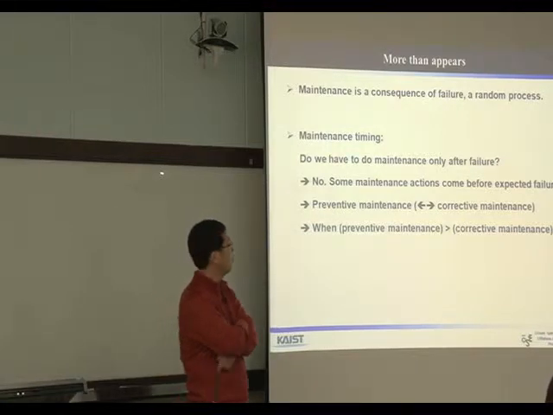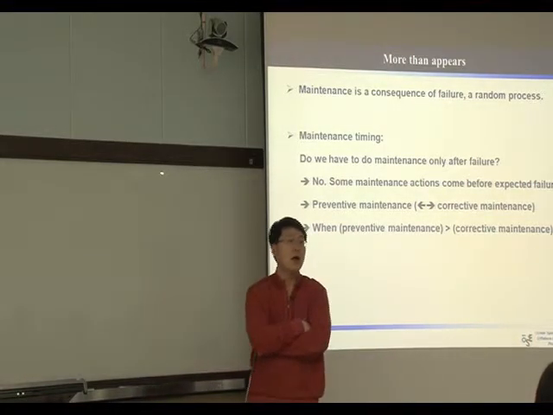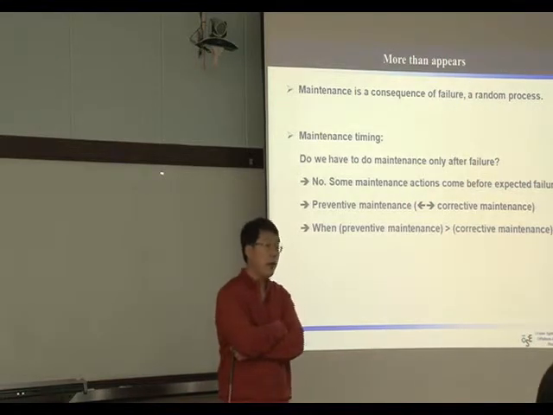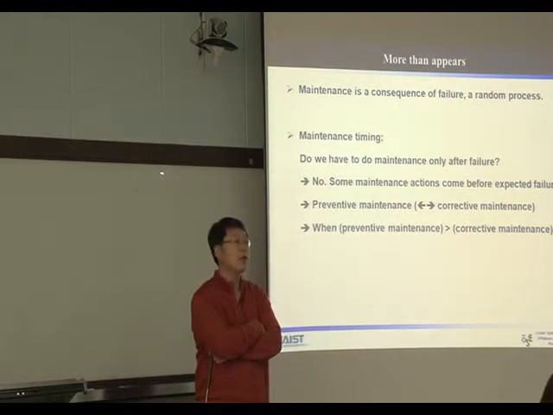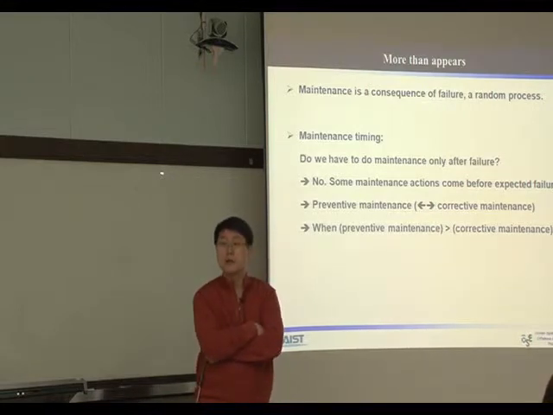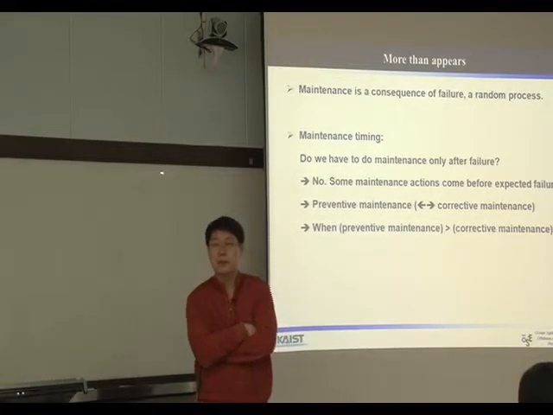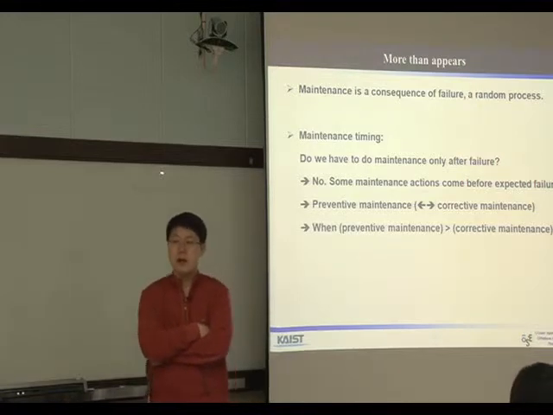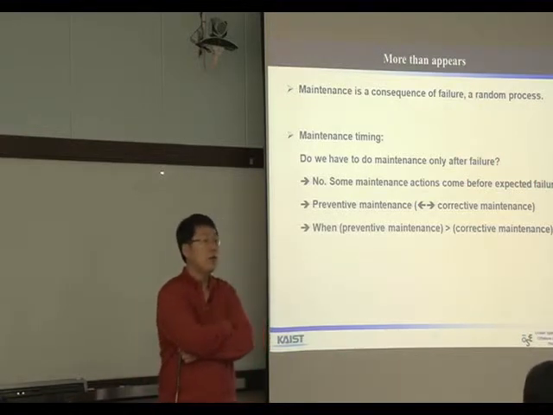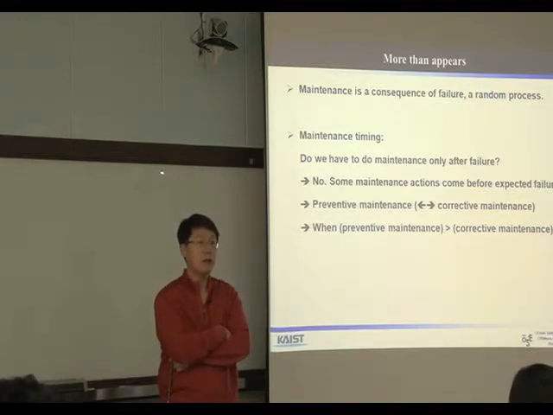The usual maintenance we know is corrective maintenance. We fix after we have a failure. This is corrective maintenance. What is preventive maintenance? We apply some maintenance action before the failure. For example, I have 4 tires for my car. I can replace my tire when I have a big car accident because of the tire.